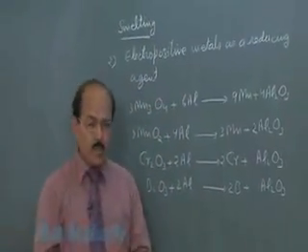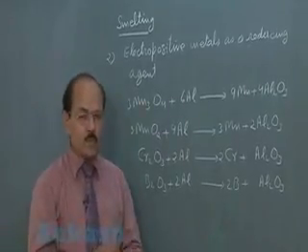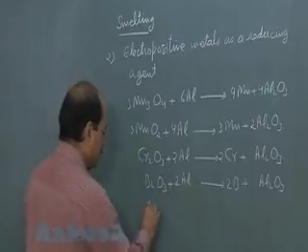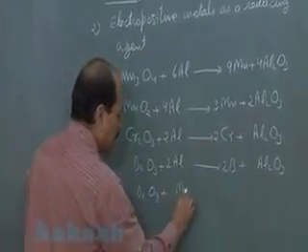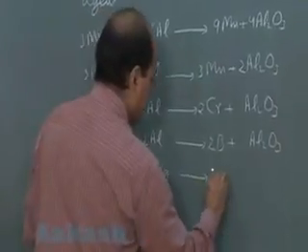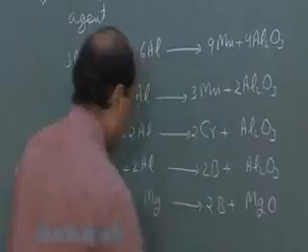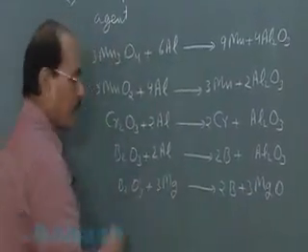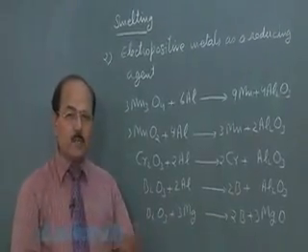Other electropositive metals like magnesium, sodium, potassium are also used for carrying out the reduction process. For example, B2O3 can be reduced by magnesium. Magnesium is also used for reduction of silica to silicon.